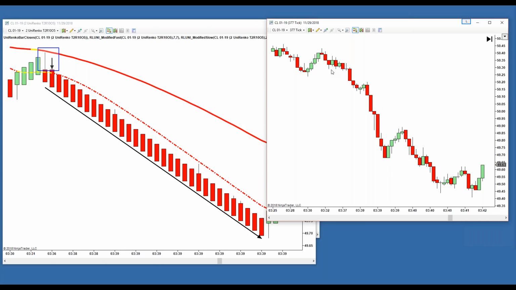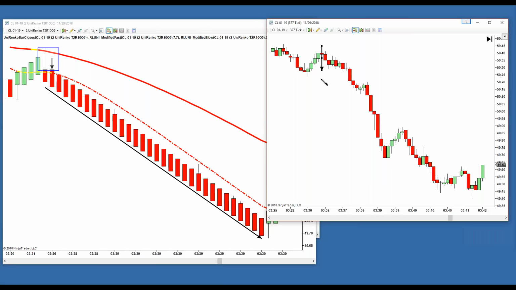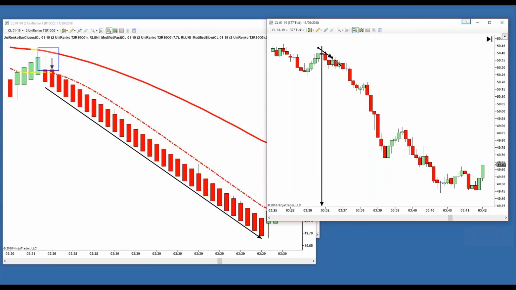Now, tick charts not so bad right here. Right about 331, right here. I mean, at least you get the impression before the precipitous drop that you've got a move down.